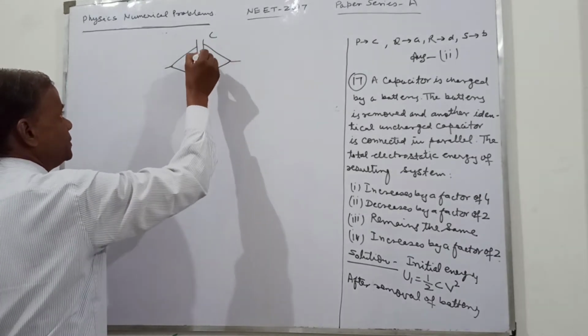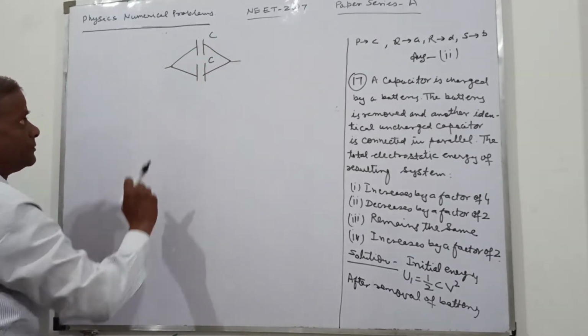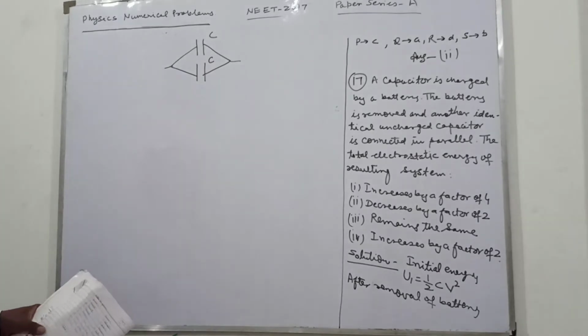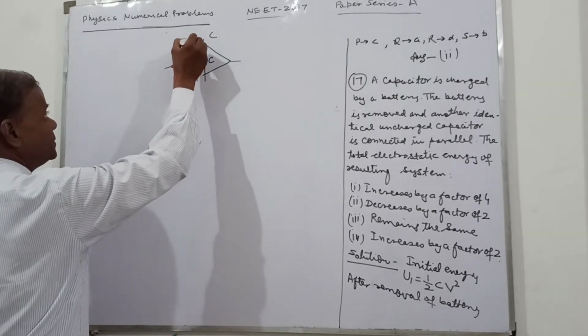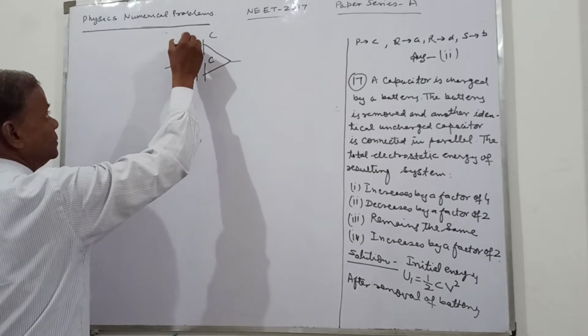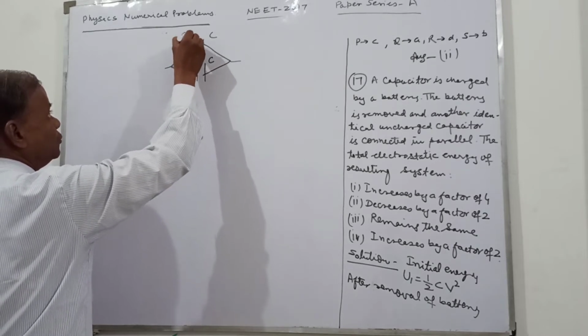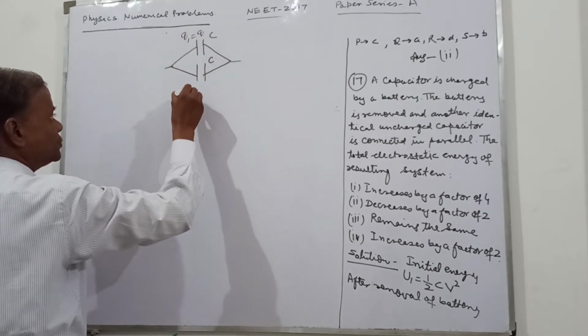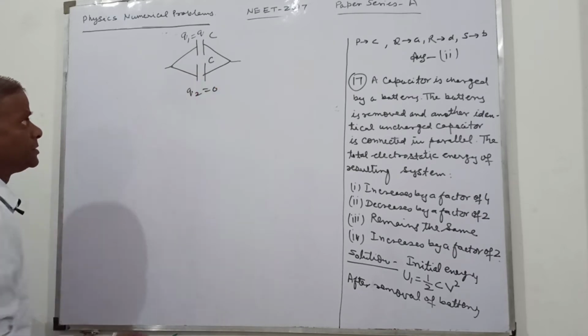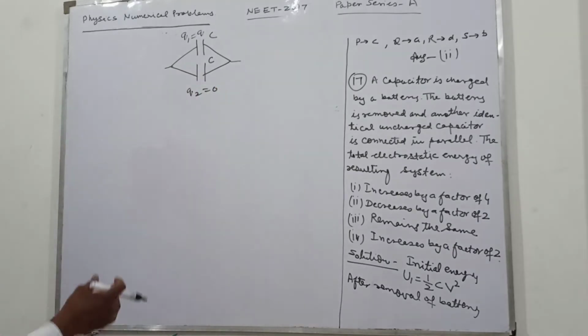Its capacity is C. Now the charge Q1 is equal to Q and Q2 is equal to 0, since this was uncharged.